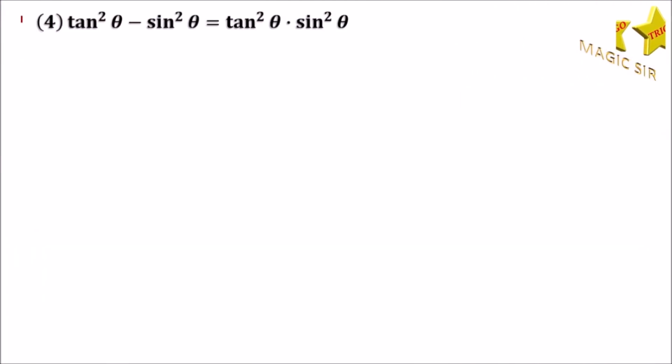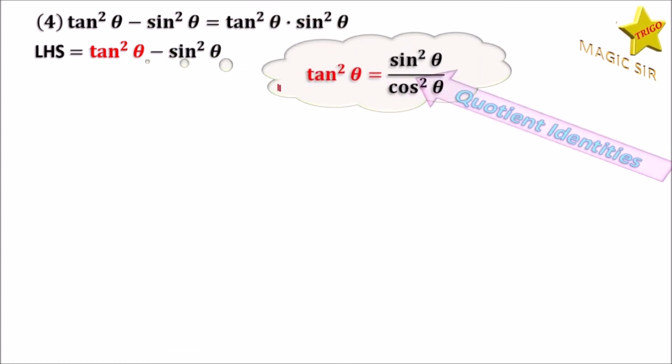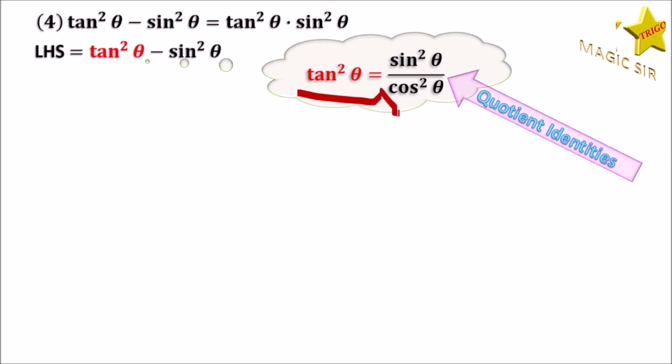Example 4. Tan square theta minus sin square theta is equal to tan square theta into sin square theta. Let us take the left hand side of the equation, that is LHS equal to tan square theta minus sin square theta. We know that tan square theta is equal to sin square theta upon cos square theta.